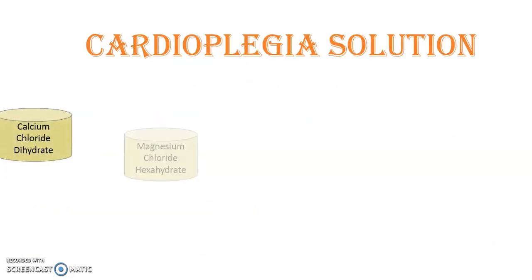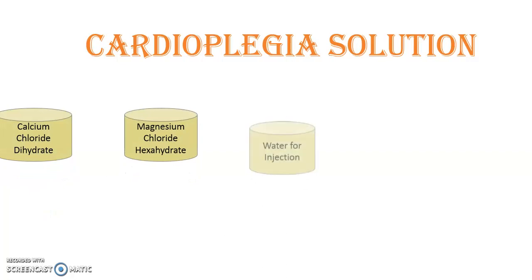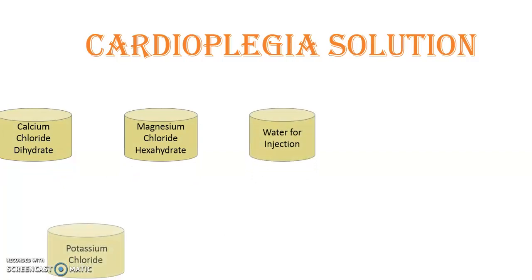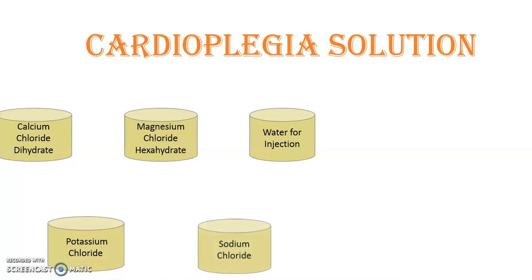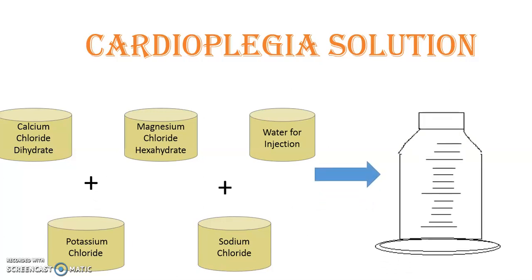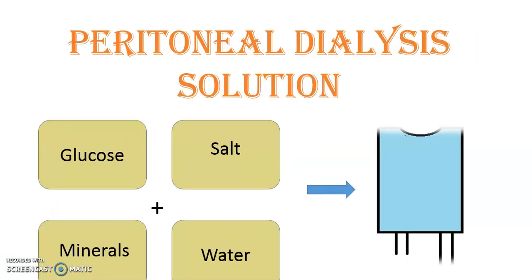Then the next one is the cardioplegia solution. This cardioplegia solution is most probably used in heart surgery to prevent ischemic injury to the myocardium during the time the blood supply to the heart is clamped off. It consists of calcium chloride dihydrate, magnesium chloride hexahydrate, water for injection, sodium chloride, and potassium chloride. Next is the peritoneal dialysis solution.